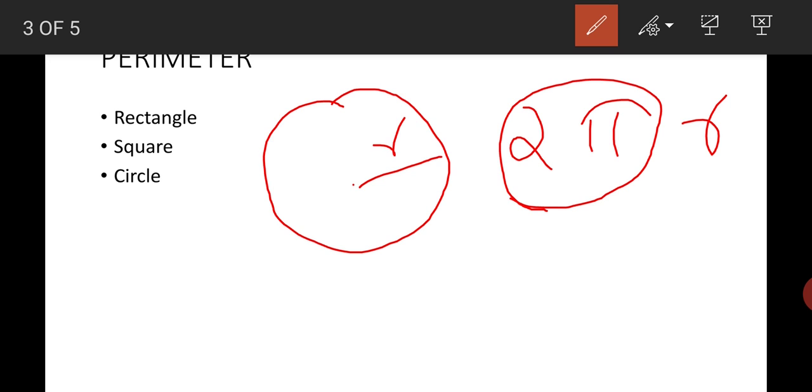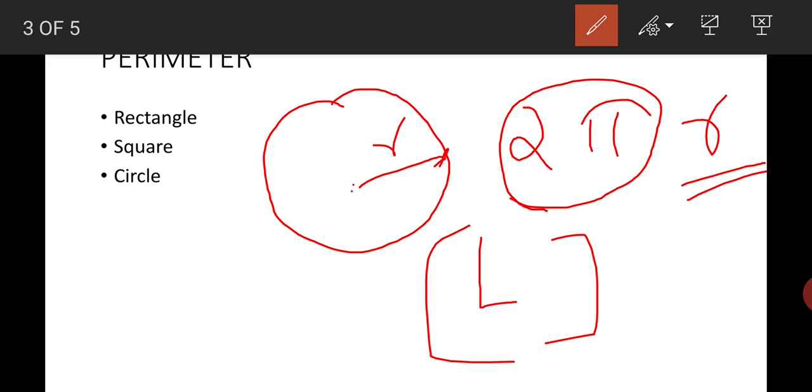Just numbers, they do not have any dimension. And r is the radius, which is the distance from the center to one of the points on the circumference of the circle. So the dimension of r will be, it is not a mass, it is not time, it is a length. So the dimension of the perimeter of a circle is L.